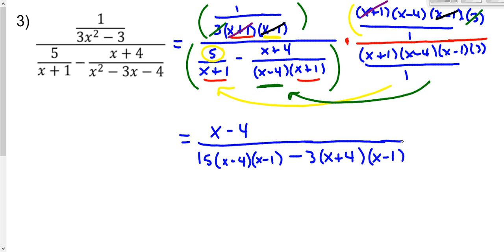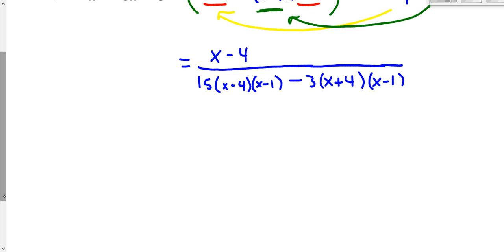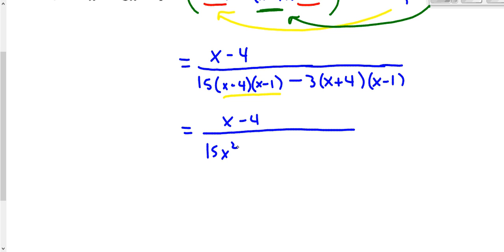Okay, let's simplify this. Let's work on simplifying this denominator. So for the first part of the denominator, let's go ahead and multiply these binomials together and then multiply them by 15. So we have x squared times 15. Insides and outsides add to minus 5x. Multiply that by 15. Last, multiply to be 4.